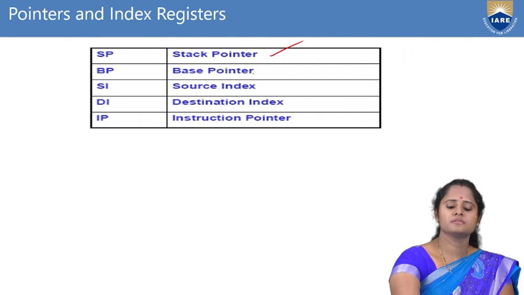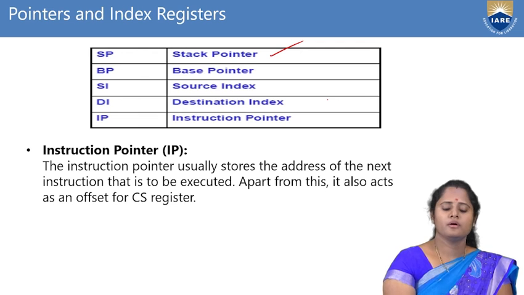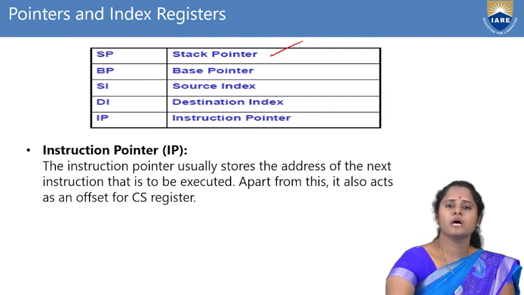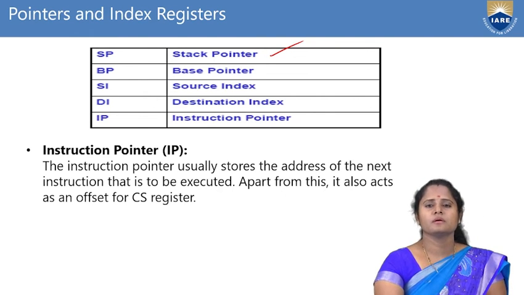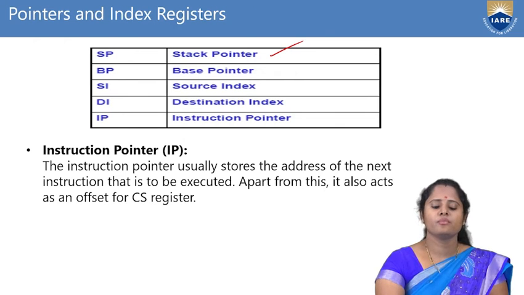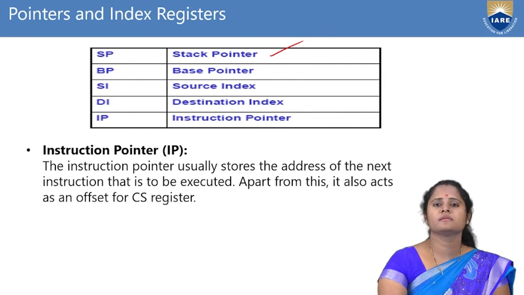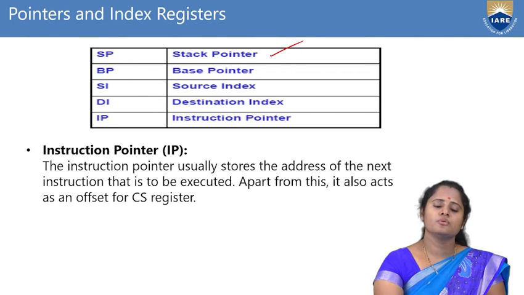Next, the pointers and index registers. This is a pointer register. In order to point to stack kind of operations, we use a stack pointer. The base pointer is used when the data segment or extra segment needs to serve an offset address.